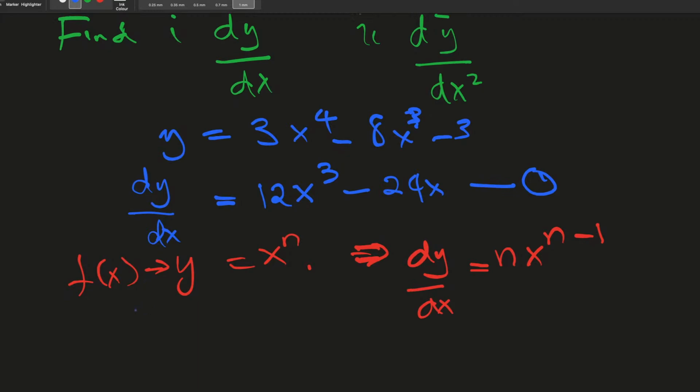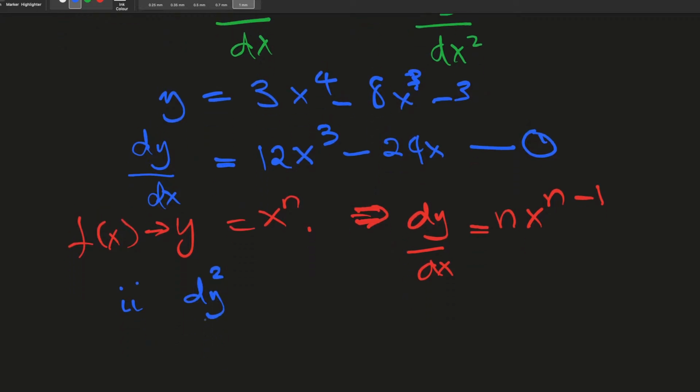and that is d squared y/dx squared. It will be 12 times 3, that is 36x squared, and then minus 24. So when we multiply 3 by 12, we get 36.